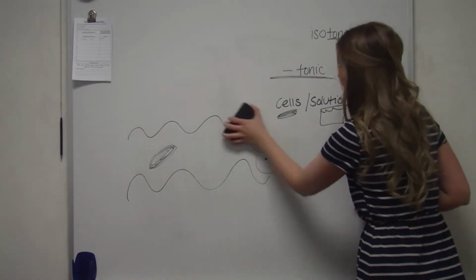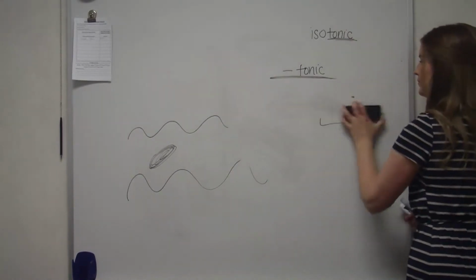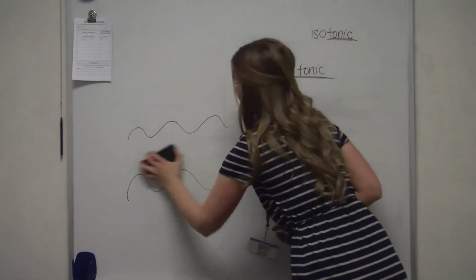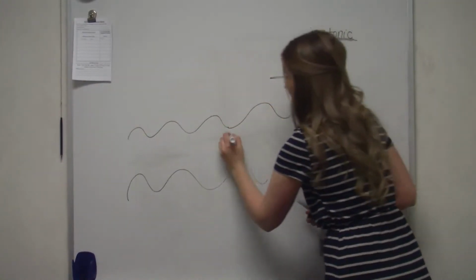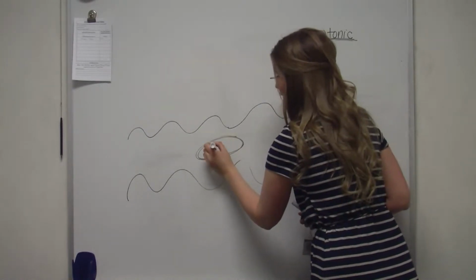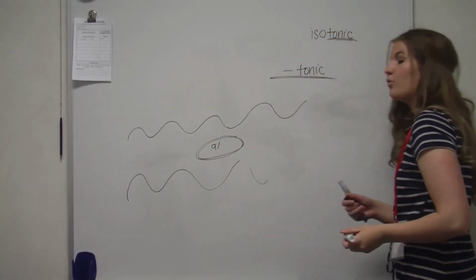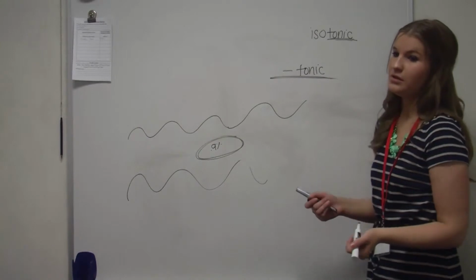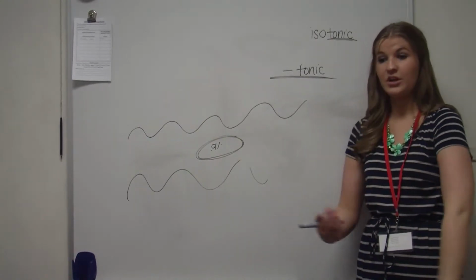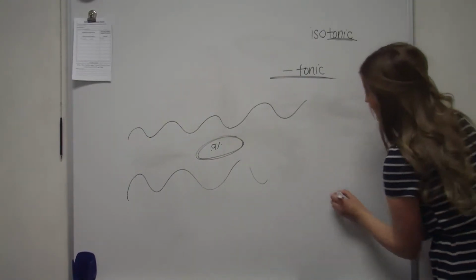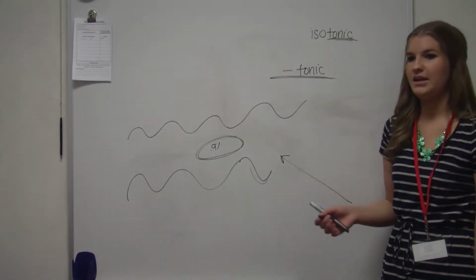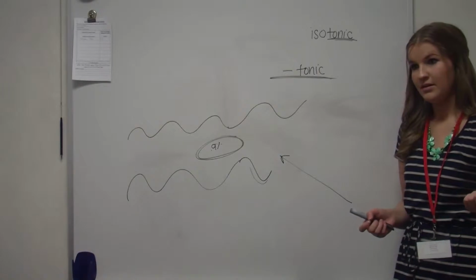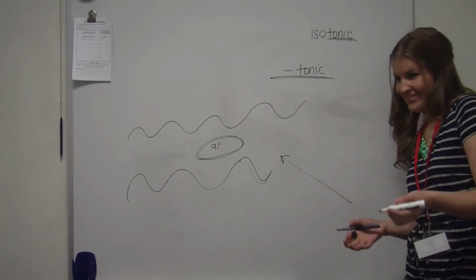Then, what if, let's say we have our blood cell, and we want it at 0.9%, right? What if we go to the hospital because we have something wrong with us, and they hook up an IV. So here's our IV coming into our blood, and throw out a number, any number. 10.